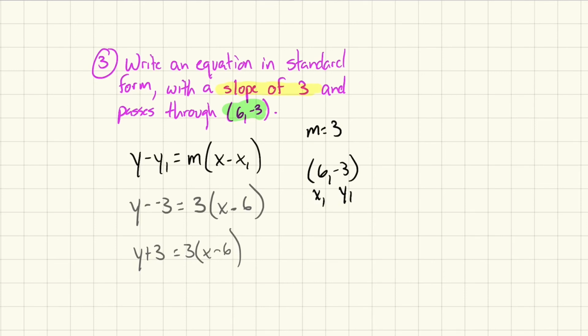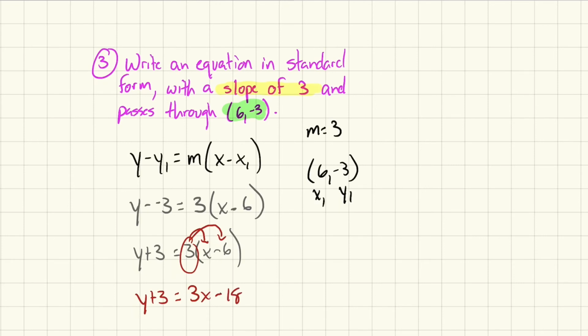The way that I simplify that is by first doing some distributive property here and distributing my 3. That's going to give me y plus 3 is equal to 3 times x, which is 3x, and then 3 times negative 6, which is negative 18.